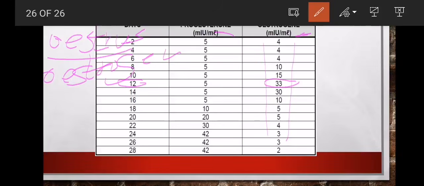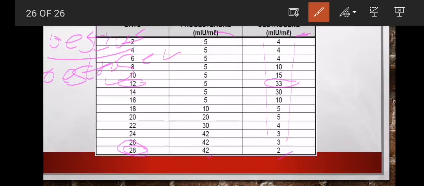Okay, fine. Which phase is day 28? You now come here. We have 4 phases: pro-oestrus, oestrus, met-oestrus, di-oestrus.